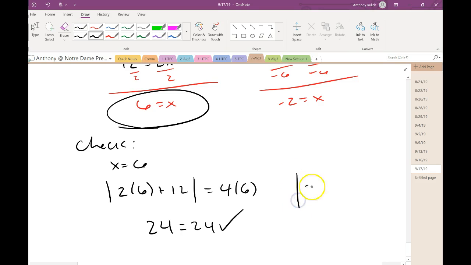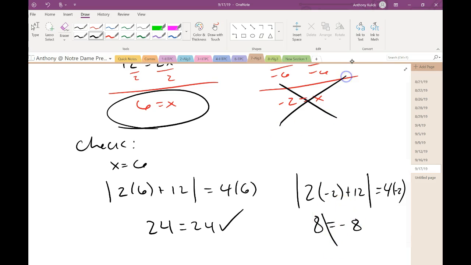Okay. So 2 times negative 2 plus 12 equals 4 times negative 2. 2 times negative 2 is negative 4, plus 12 is positive 8. The absolute value of positive 8 is positive 8. 2 times negative 4 is negative 8. Those don't work. That one is extraneous, and I have just one solution.